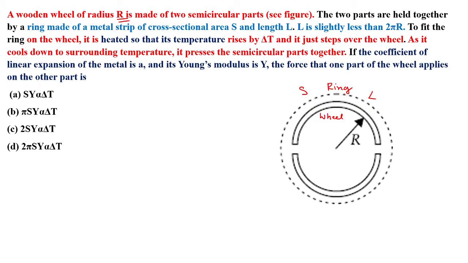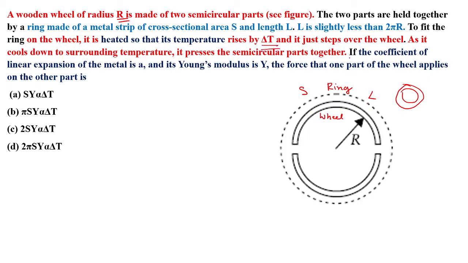If we heat it up, its circumference will increase, which means its radius will increase, right? Then it will fit on the wheel. So the temperature is increased by delta T.